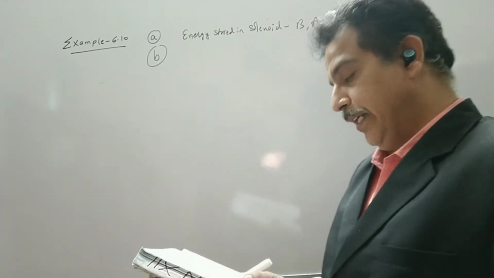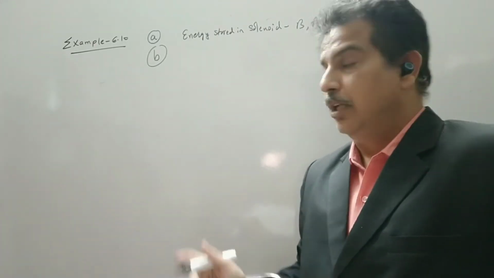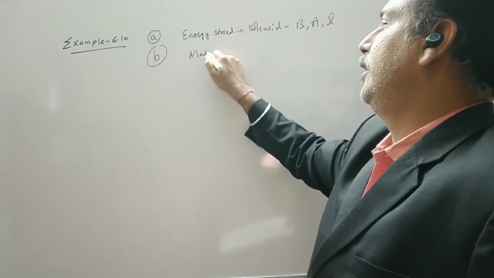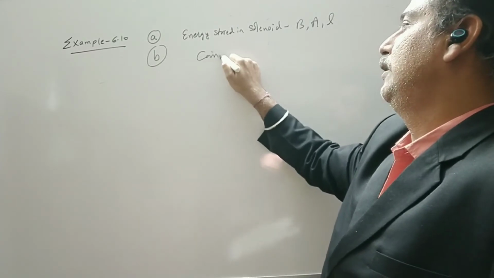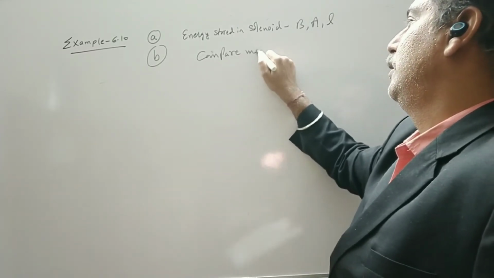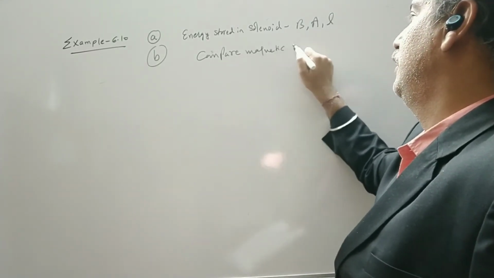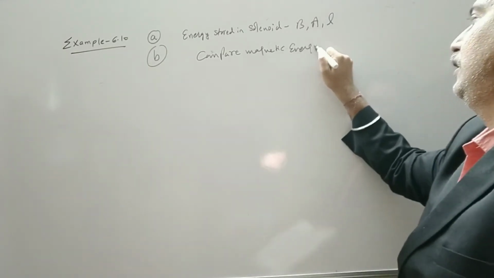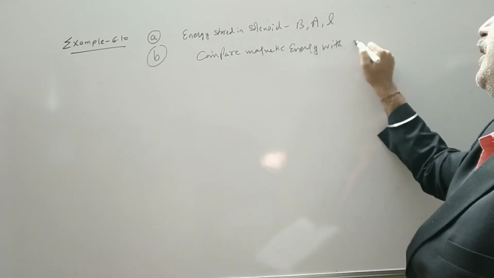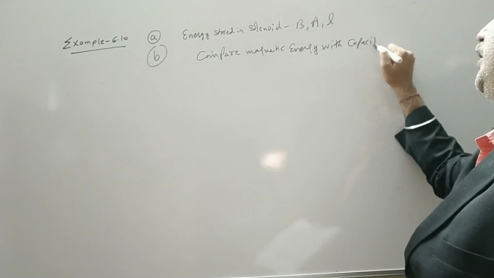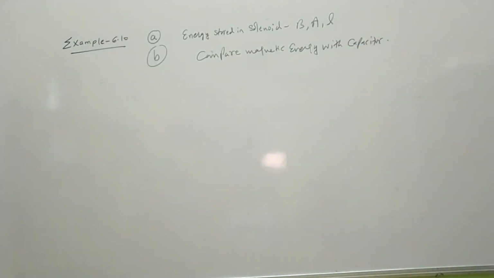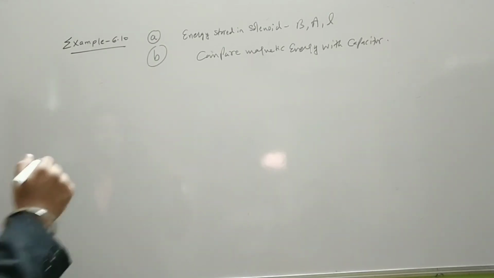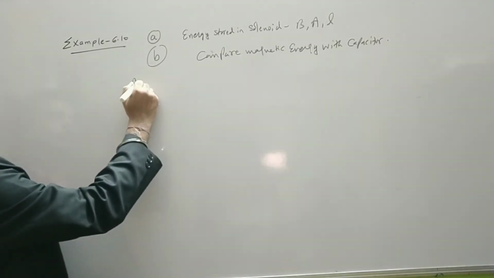So we have to compare this magnetic energy with the energy stored in a capacitor. So we have two parts which we have to discuss. Now the first part is to find out the energy stored in a solenoid.